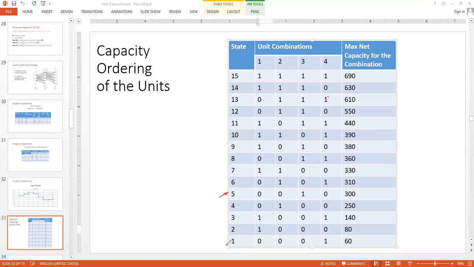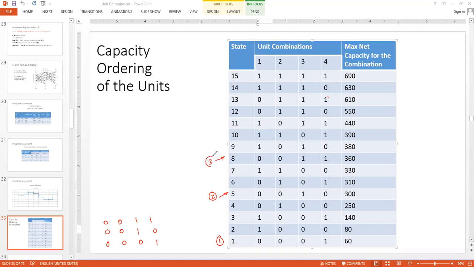So if I do the binary ordering, then the ordering would be something like this: 0 0 1 0, so this is 1. If the binary ordering were done, this is 2. Then 0 0 1 1, this is number 3.